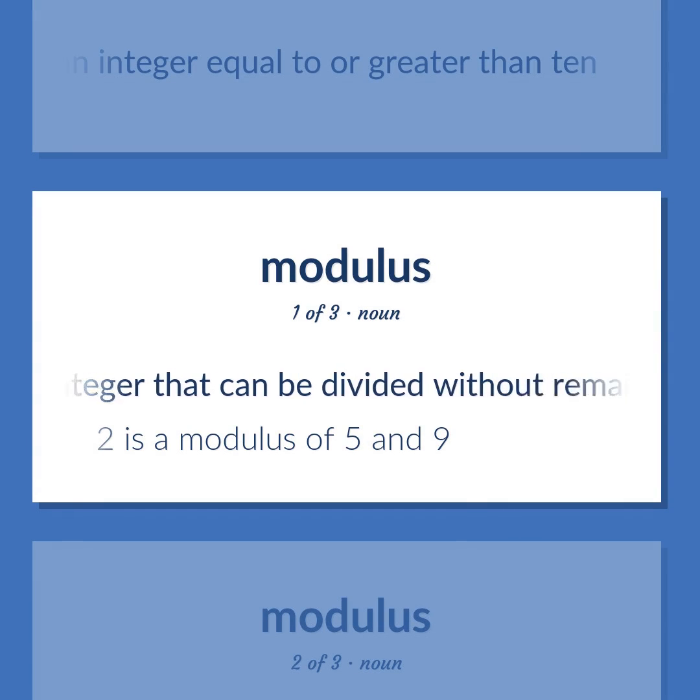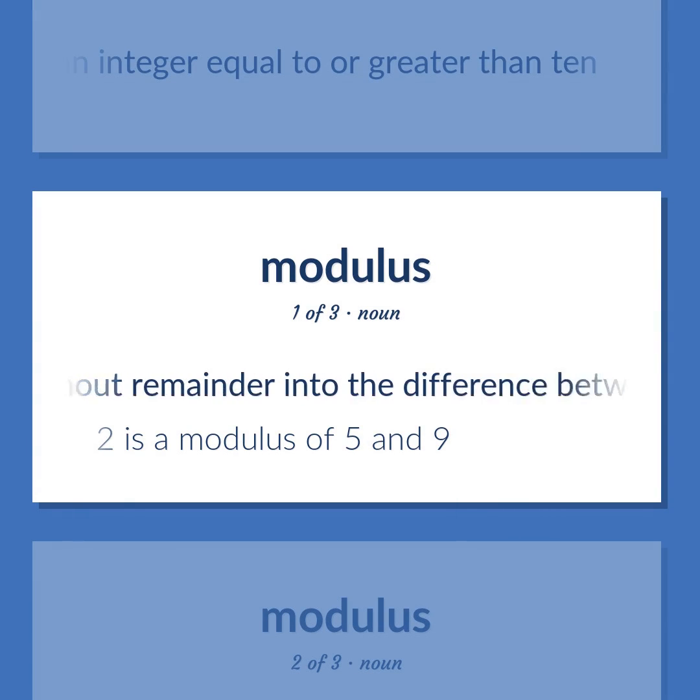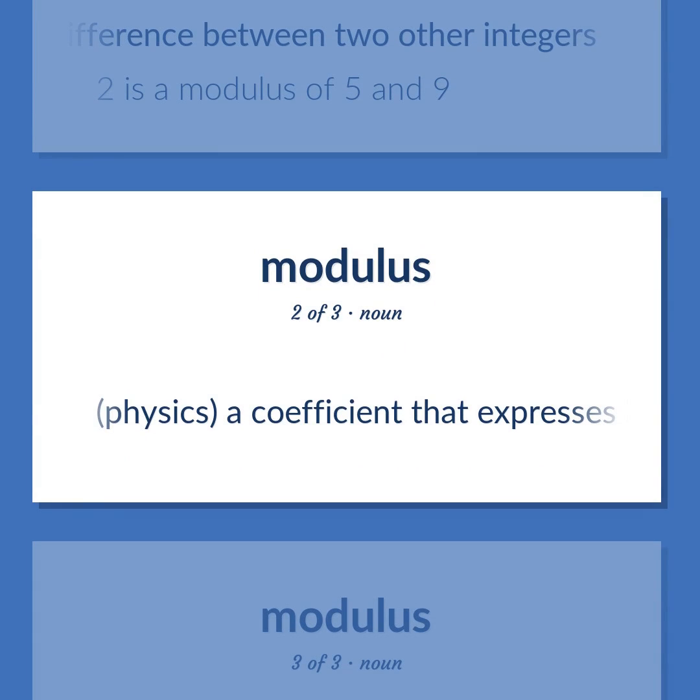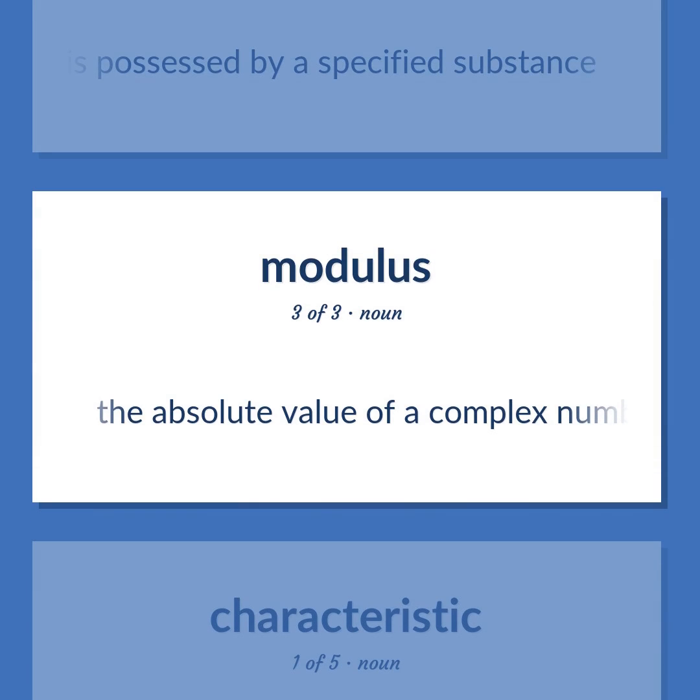An integer that can be divided without remainder into the difference between two other integers. 2 is a modulus of 5 and 9. Physics. A coefficient that expresses how much of a specified property is possessed by a specified substance. The absolute value of a complex number.